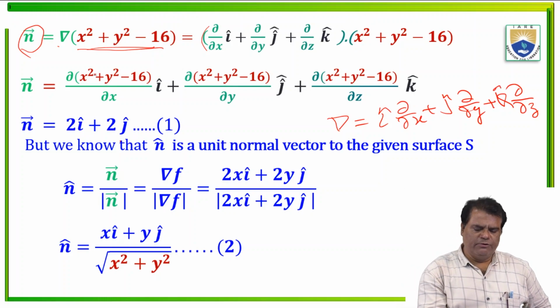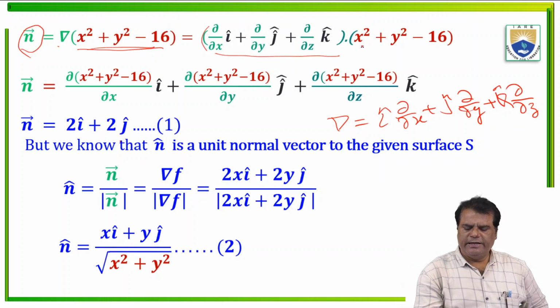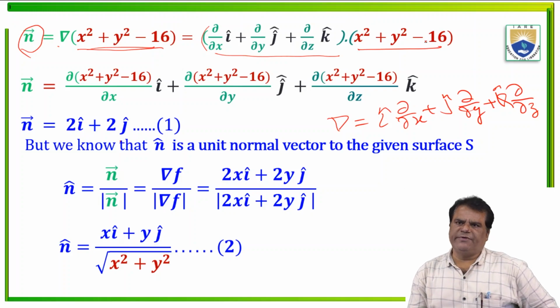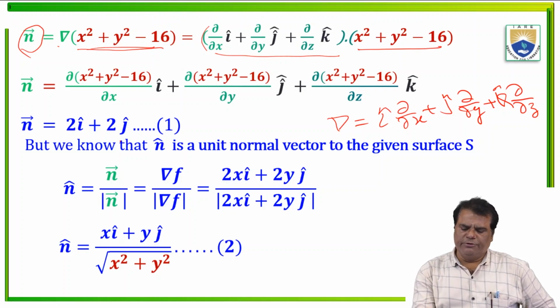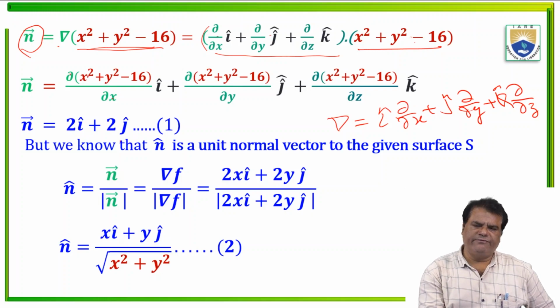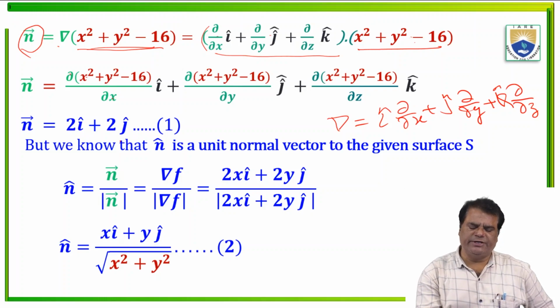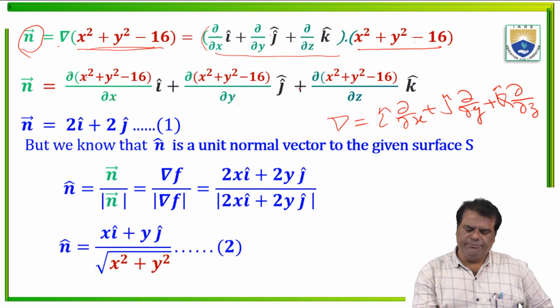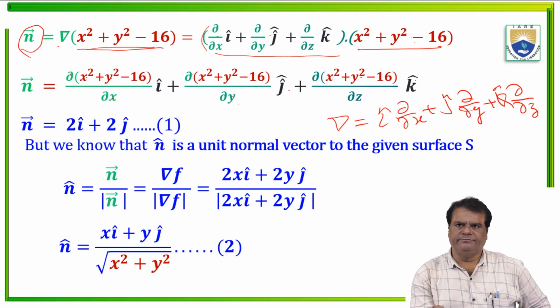So now putting the value of del here, and this is the surface. Now differentiating with respect to x, with respect to y, with respect to z. So dou over dou x of x square plus y square minus 16 into i, plus dou over dou y of x square plus y square minus 16 into j, plus dou over dou z of x square plus y square minus 16 into k.